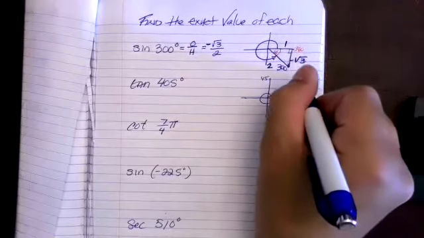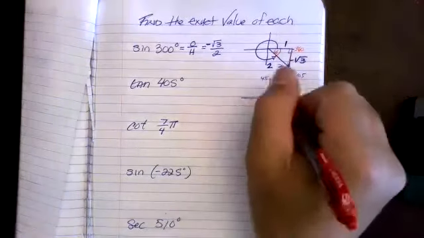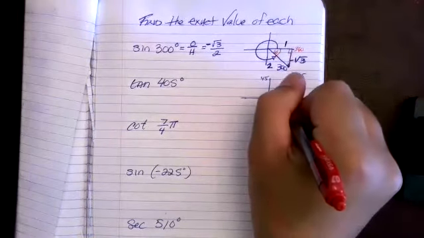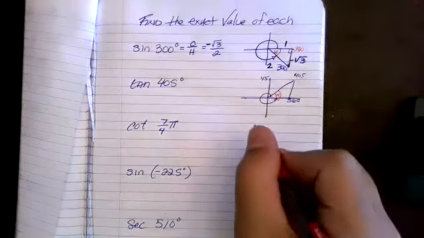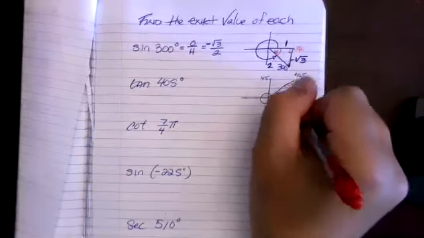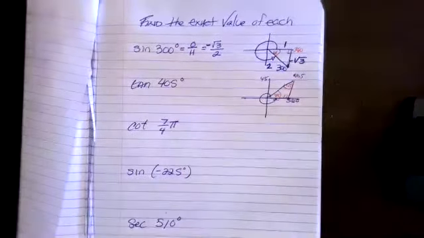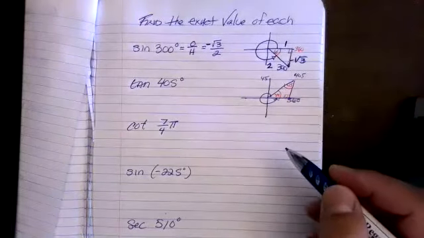And if this is 405 and this is 360, well, that means this is a 45-degree angle. And if that's a 45-degree angle, then this has to be a 45-degree angle because they have to add up to 90 degrees, right? These are always complementary angles.